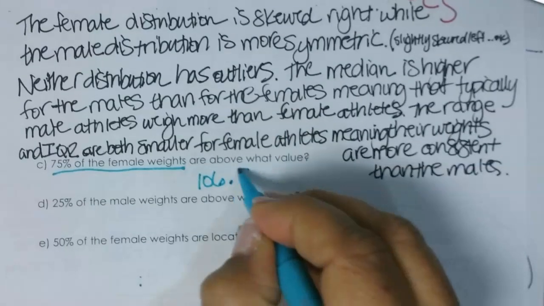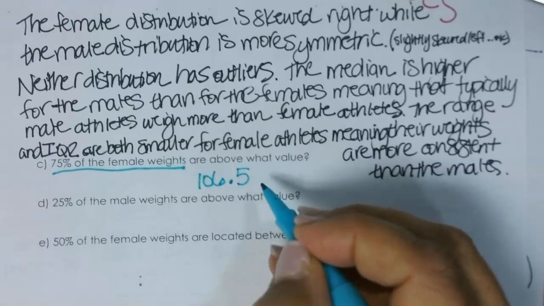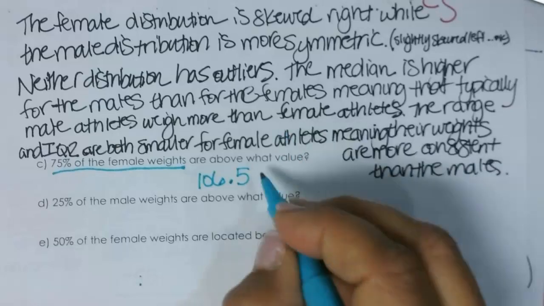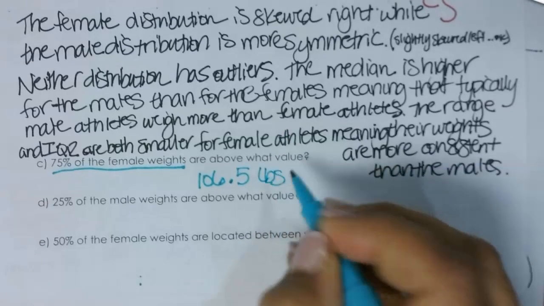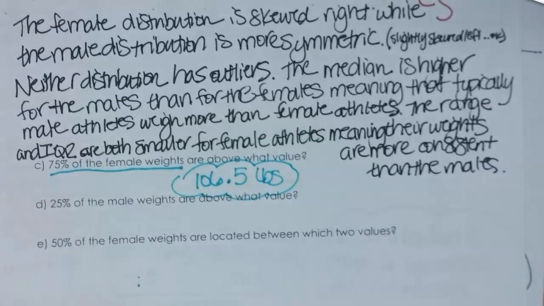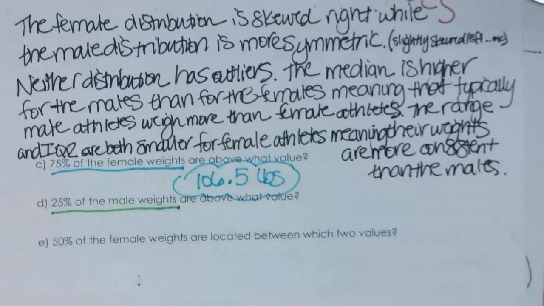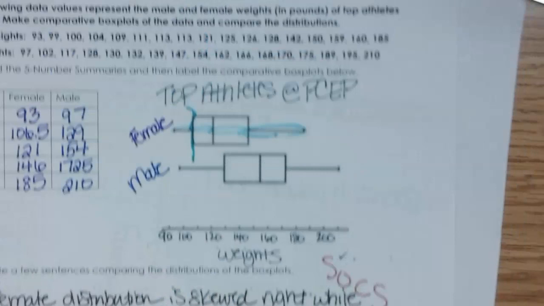It's going to be 106.5. We'll make up that this is pounds. Sorry, I'll rewrite this better with a unit later. Letter D says 25% of the weights for the males are above what value? So let's go to the male weights.